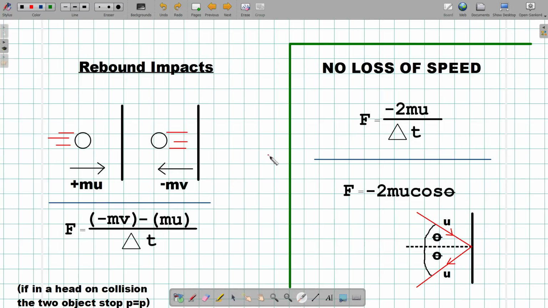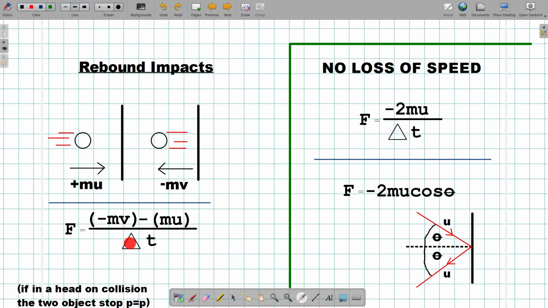Momentum is a vector, so it's going to be a negative value, negative momentum. Remember from the first video that mv minus mu is the change in momentum. But if that final momentum is a negative value, it's going to be minus mv minus mu, which will be the change in momentum, because the initial momentum is positive.